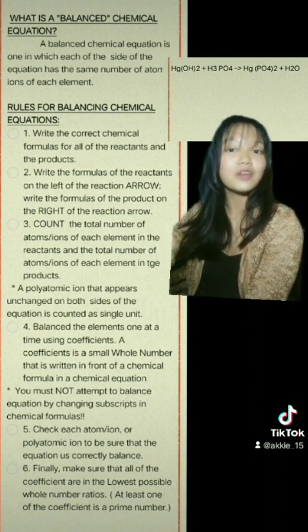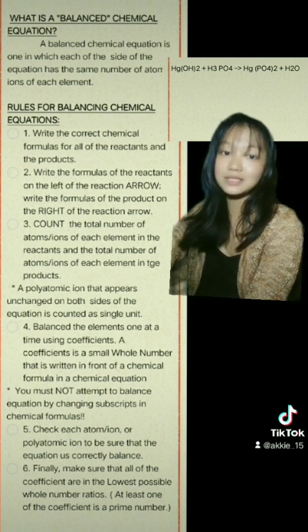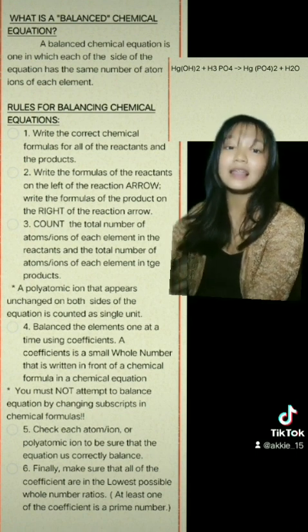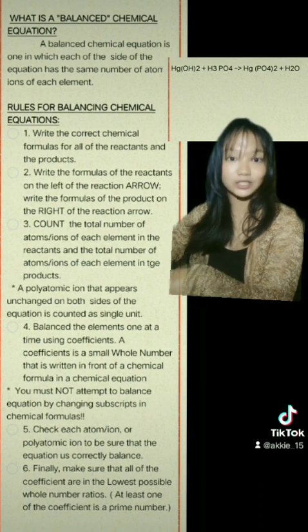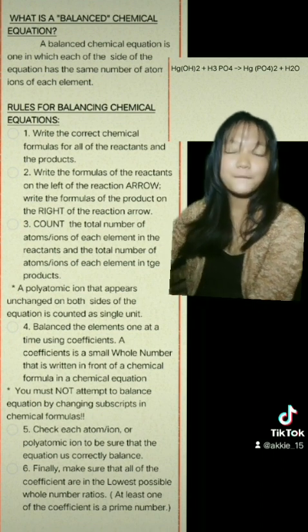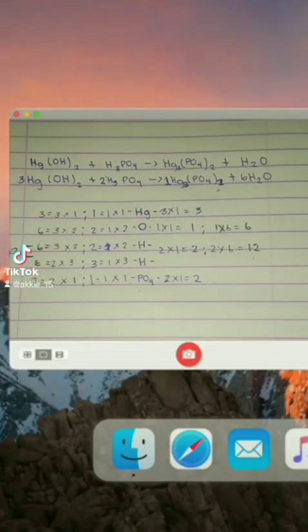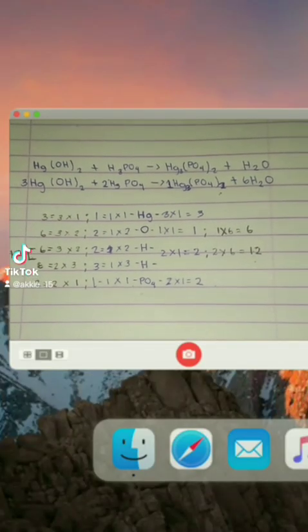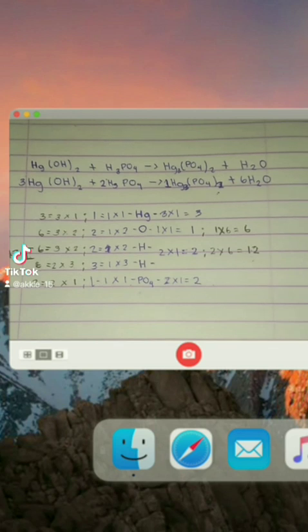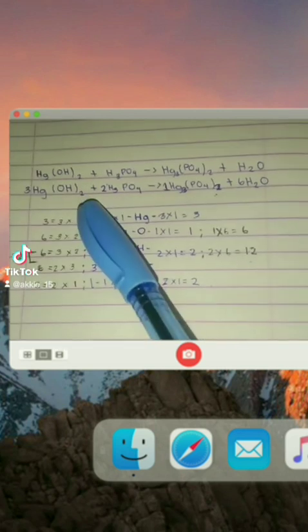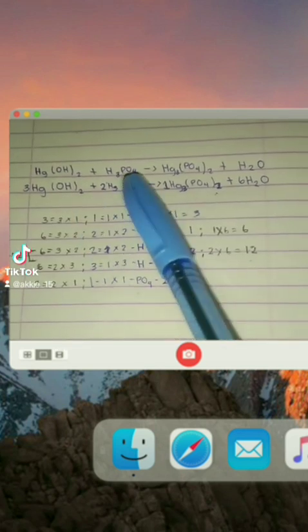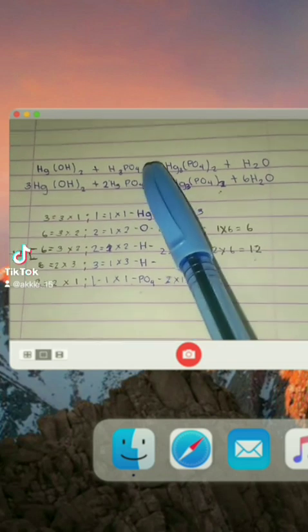After defining the rules in balancing chemical equations, let us proceed in balancing our given chemical equation. Let's go. In balancing our chemical equation, we have already done rule number 1 and rule number 2. We have written our chemical formulas.